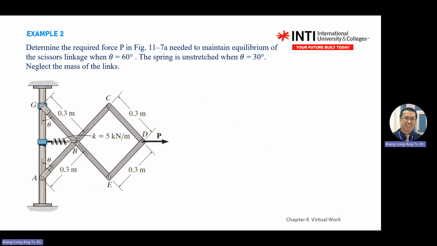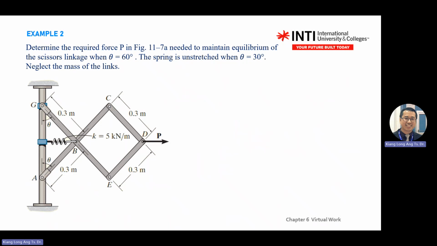There's no moment, but because it's a pin, you can put in AX or AY, or to be convenient, you just follow the member. There's a force following member AC. Same here, there's a force following G to E or G to P.